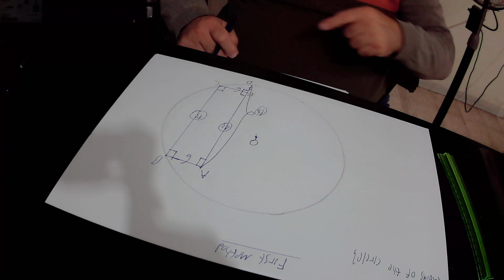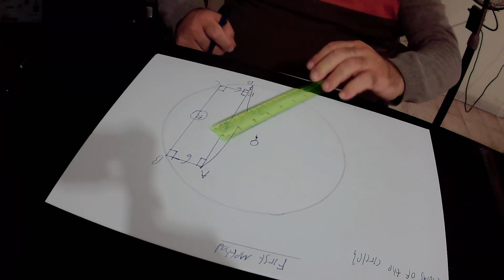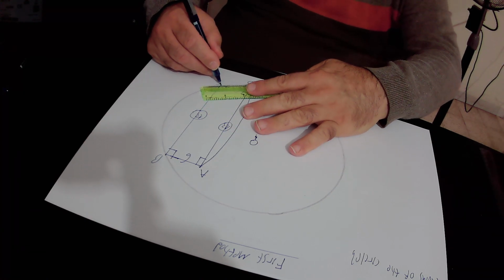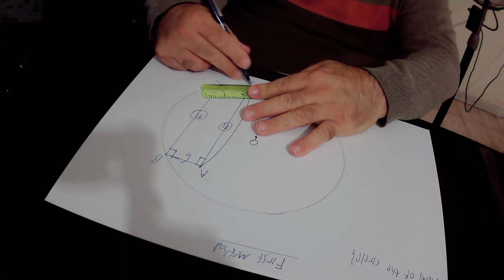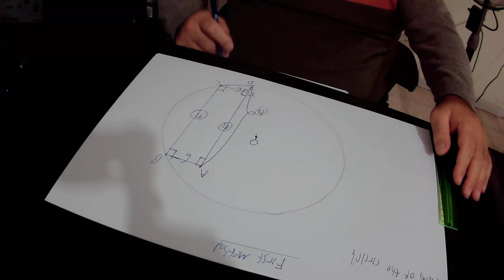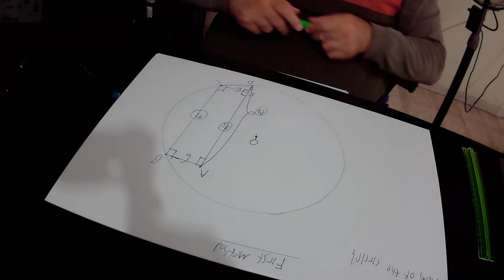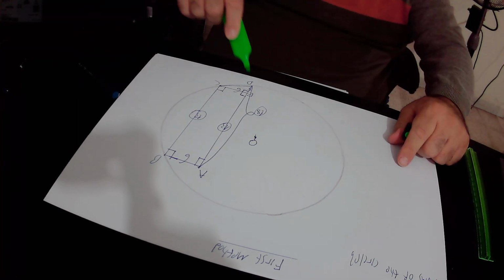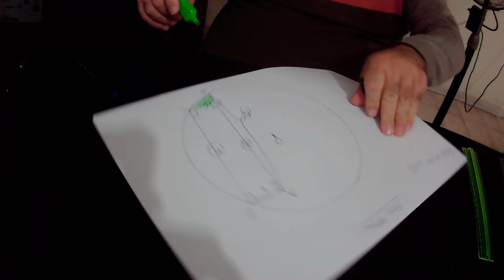In the next step, we will join points D and C together by a straight line. By joining points C and D, we created the green right triangle EDC. So we will implement the Pythagoras theorem on the green right small triangle EDC.